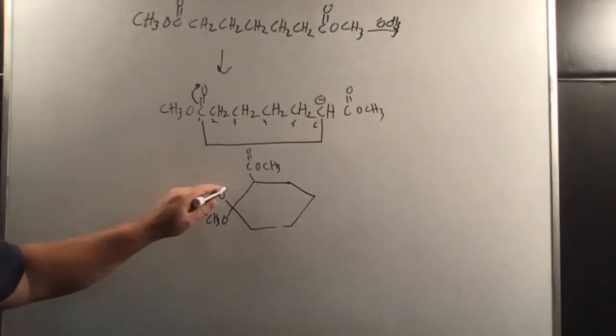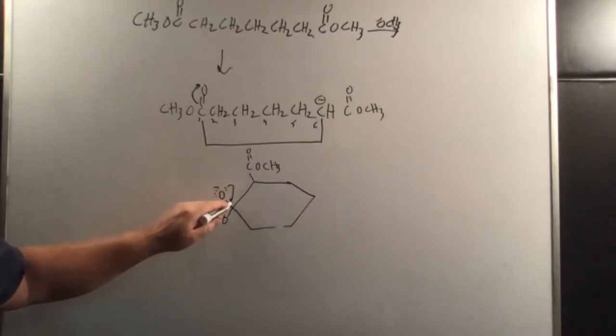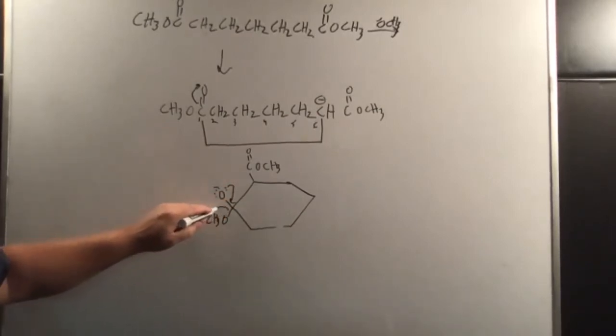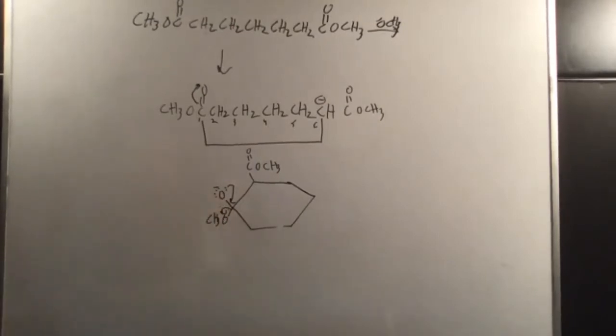Now notice again, since we have a negative charge there, a pair of electrons kicks back, kicking the OCH3 out. Again, notice that this is easily explained just following the flow of electrons.